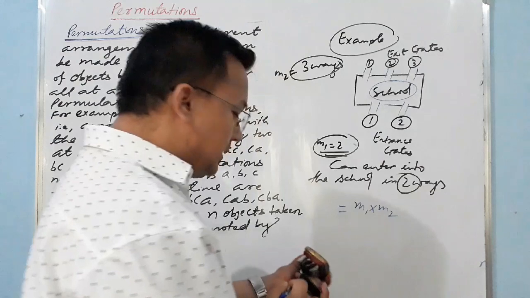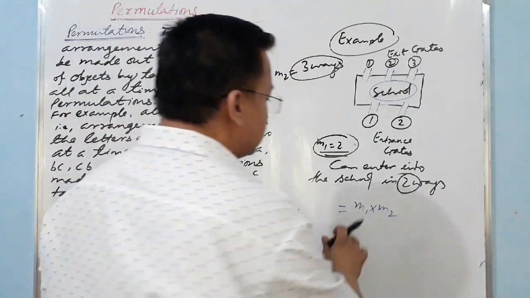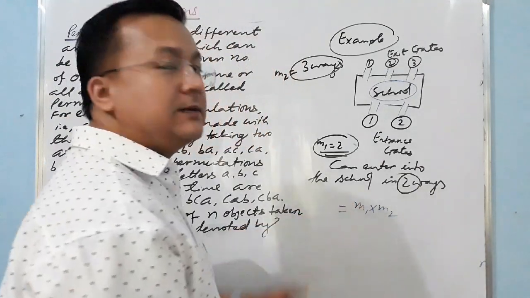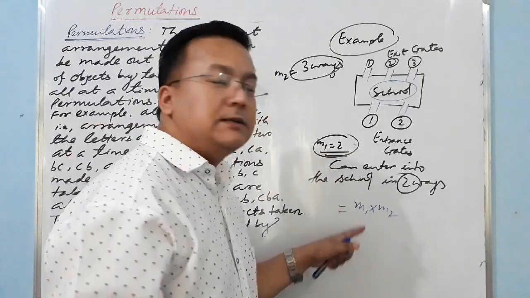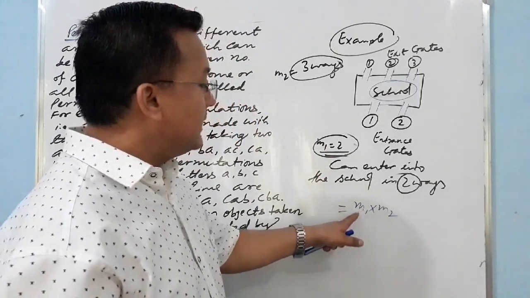So we use the basic principle of counting, and the formula is M1 times M2.